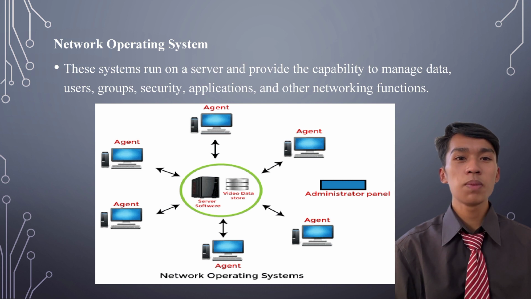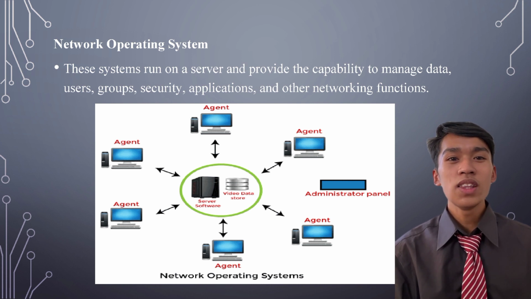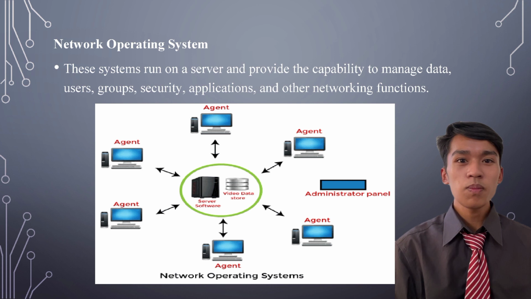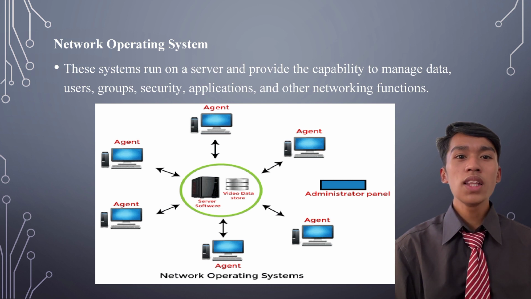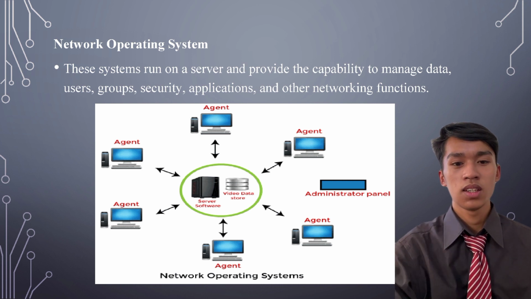One more important aspect of network operating systems is that all the users are well aware of the underlying configurations of all other users within the computer network, their individual connections, etc. And that's why these computers are popularly known as tightly coupled systems.